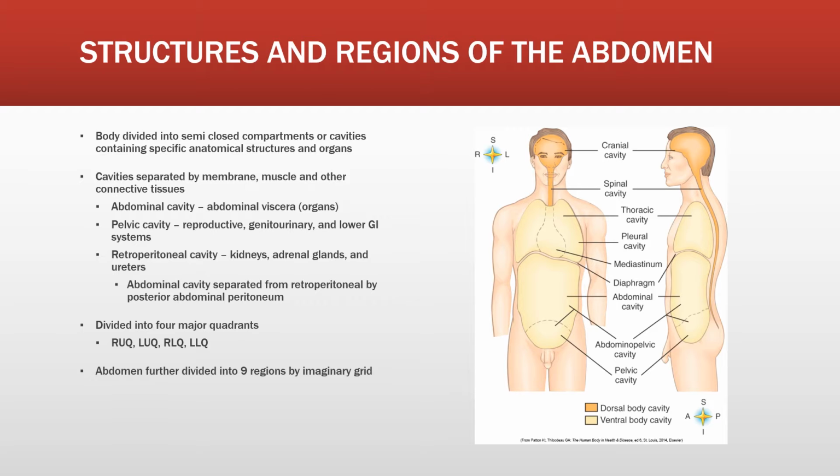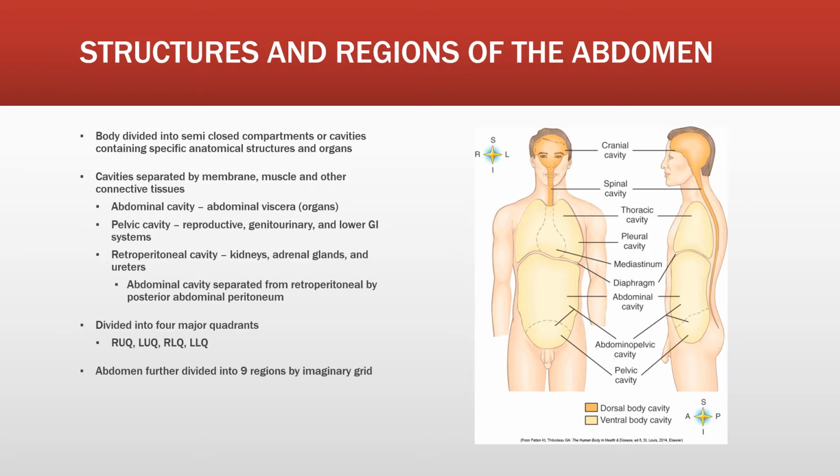The pelvic cavity houses our reproductive, genitourinary, and lower GI systems. And then our retroperitoneal cavity is going to encase our kidneys, adrenal glands, and our ureters. The abdominal cavity is separated from the retroperitoneal cavity by a posterior abdominal peritoneum.